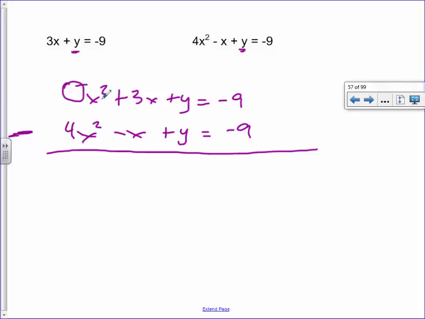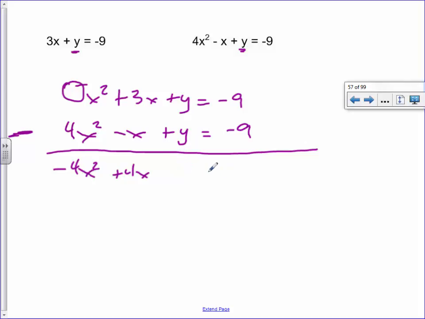We have 0x squareds. We have to minus 4 of them. Minus 4 of them. I have 3x, and I'm minusing minus x. Double subtract actually means to add, right? So I got 4x. Y minus y, reduce.